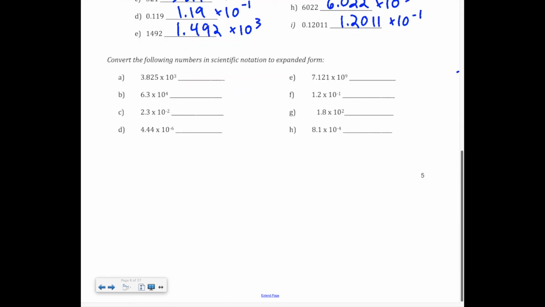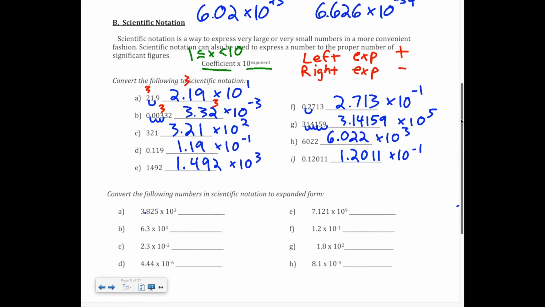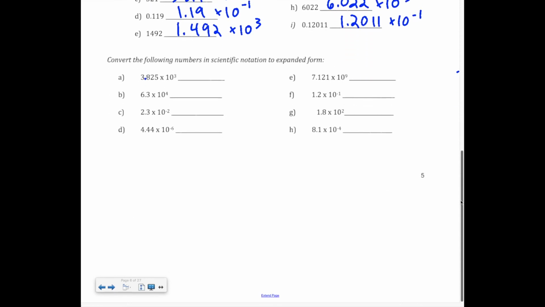Now let's do the opposite way. For A, we'll take this decimal place, and it's 10 to the third, so we're going to move the decimal place. We're going to switch those directions. Remember those directions I said over here? Moving it left if it was a positive and moving it right if it's a negative. Well, this time we're going to switch them.